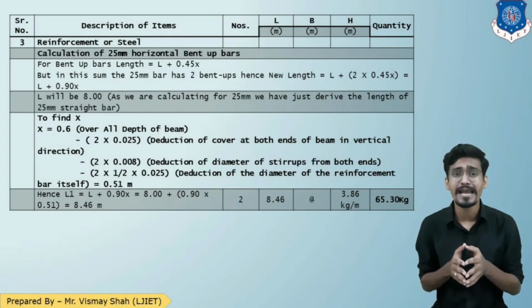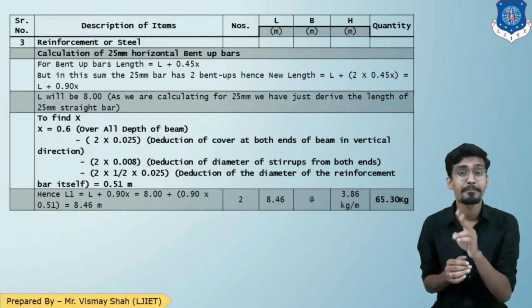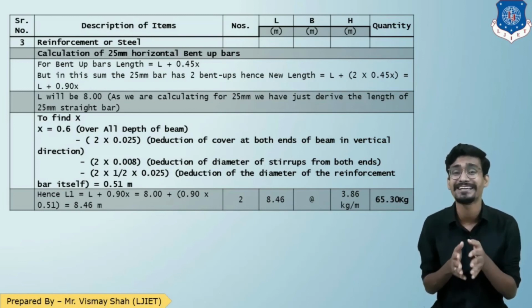Moving forward, now we need to calculate for the 25 mm bent up bars. We have already learned the fundamental that the length of bent up bars is L plus 0.45x. Here there are two bent up bars, so we'll have to take L plus 0.90x. Students, now understand this figure.